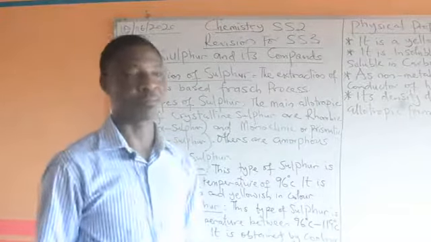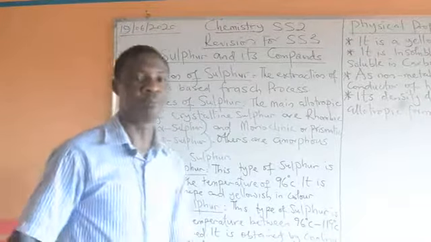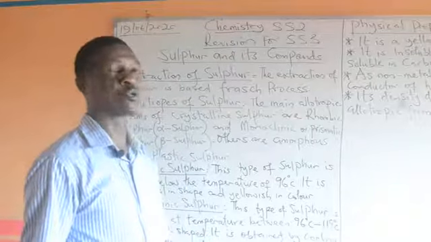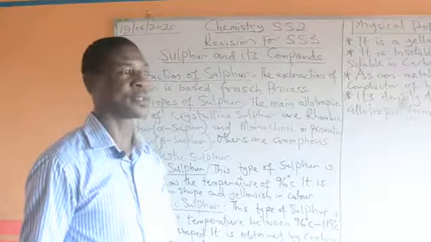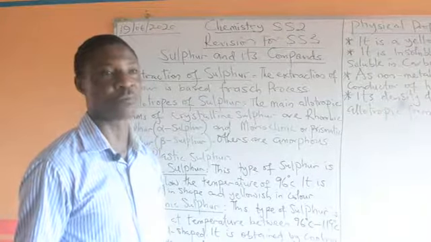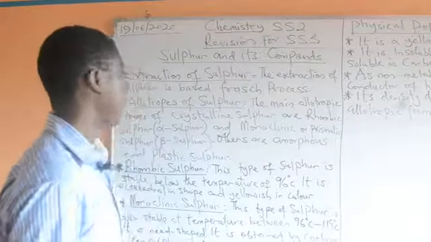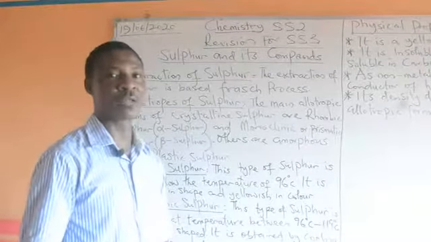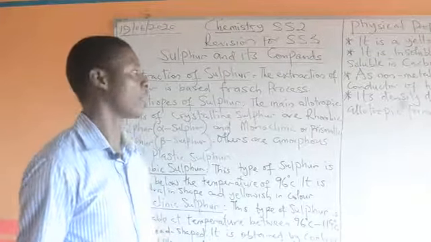Now, after that, what next? You have to pour in superheated water, at a temperature of 170 degrees Celsius and a pressure of 10 atmospheres. After that, what you are going to get at the end of the day is sulfur.